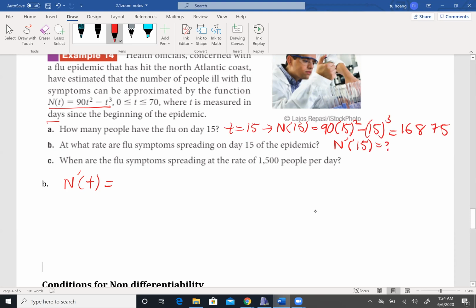For problem B, we actually find N prime of 15. At first, I have to find the derivative of N(t), which equals 90 times 2 times t to the power of 2 minus 1, minus 3 times t to the power of 3 minus 1, and then simplify.